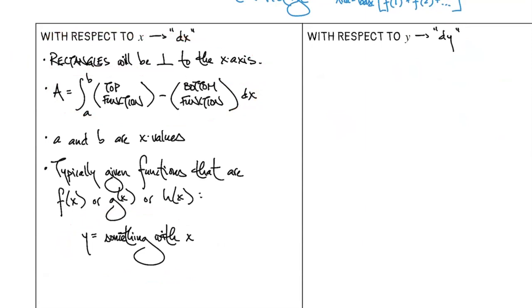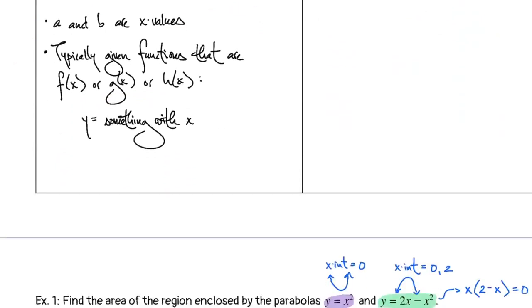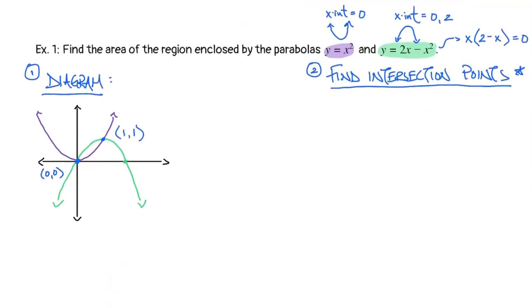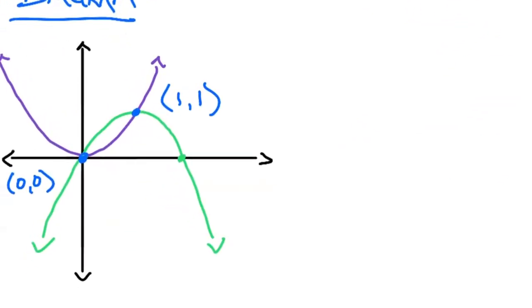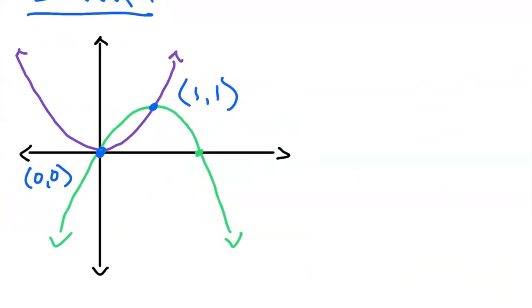So the finishing touch for your diagram, I would like you to draw some rectangles, but we're not going to draw them as rectangles. We're going to draw them as super skinny rectangles. So like this. You see how that is like our f of x minus g of x, but like very, very skinny.